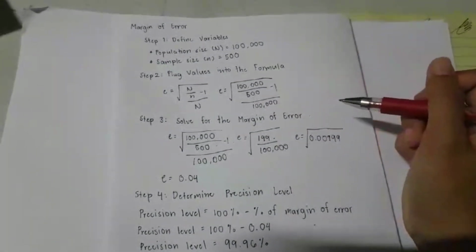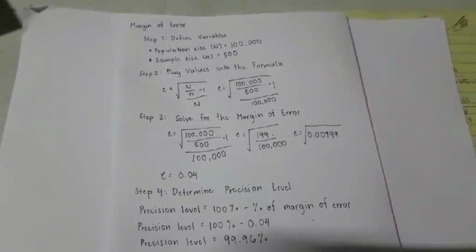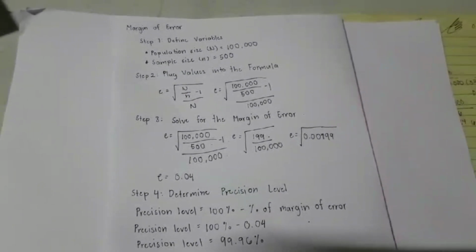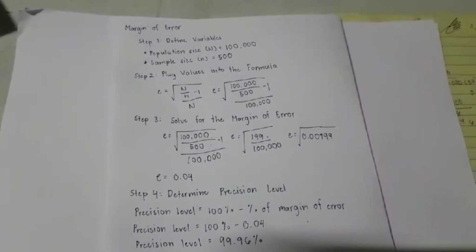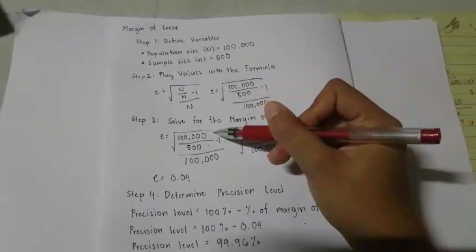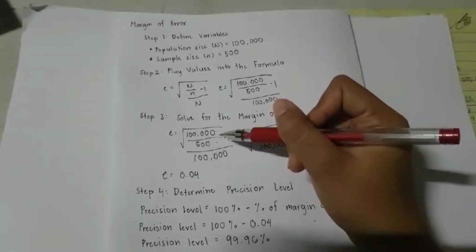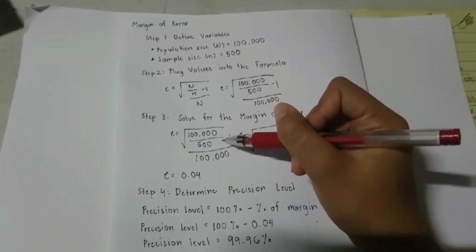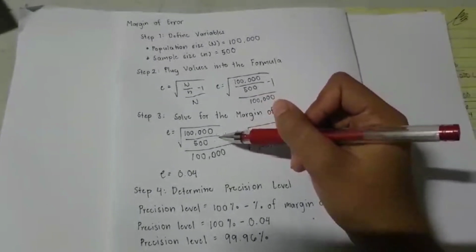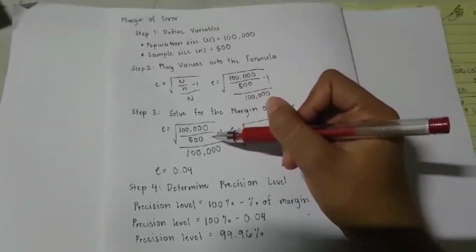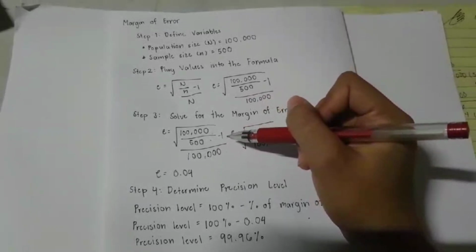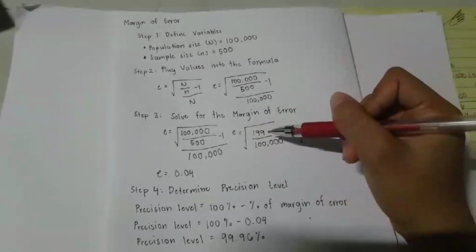Step 3. Solve for the margin of error. First, calculate each part inside the square root. First, we need to divide the 100,000 by 500. Makukuha natin ay 200. 200 minus 1 is equal to 199.